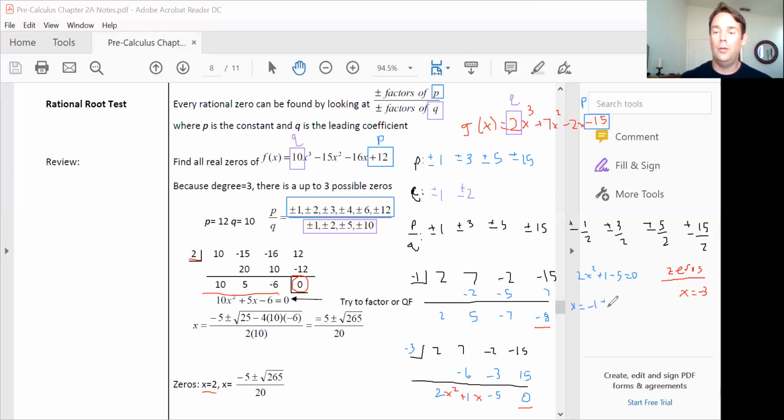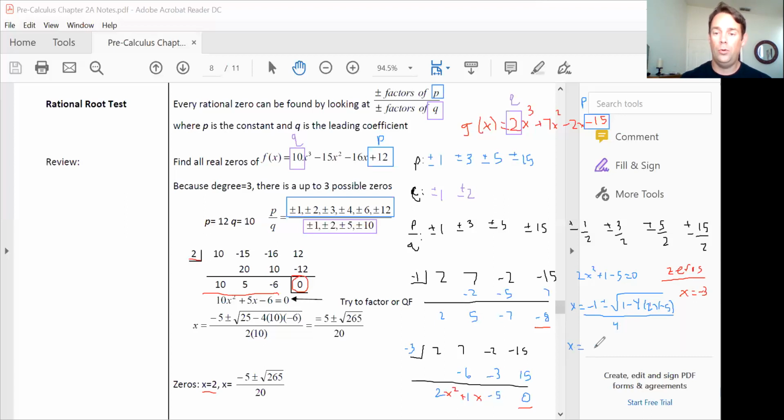Negative b plus or minus the square root, minus 4 times 2 times c, all over 2a, so all over 4.